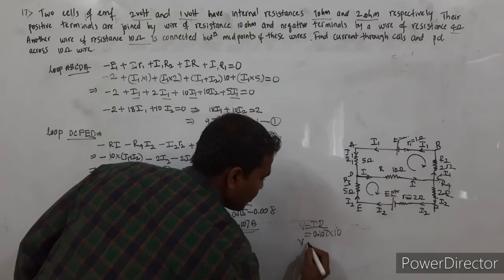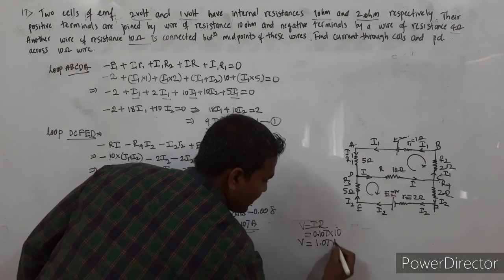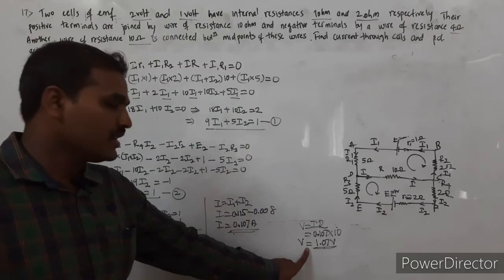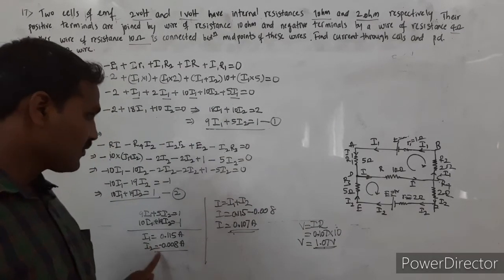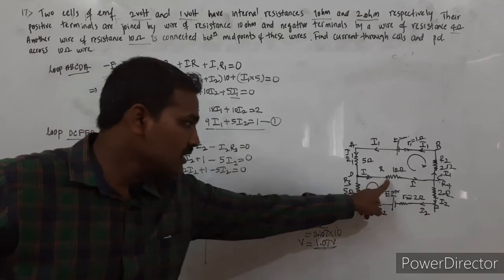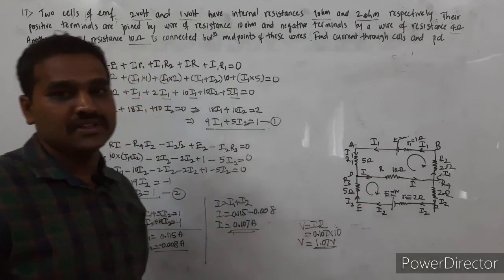That is equal to 10 ohm. So potential drop is equal to 1.07 volt. This is the solution for the given problem. These are the currents flowing through the cell, this is the total current flowing through the 10 ohm resistor, and this is the potential drop across this 10 ohm resistor.